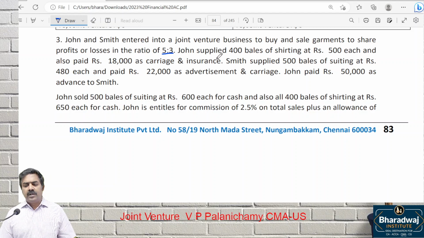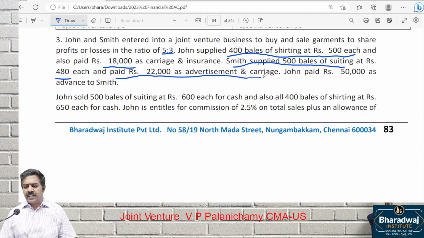John supplied 400 bales of shirting at 500 each and also paid 18,000 as carriage and insurance. Smith supplied 500 bales of shirting at 480 each and paid 22,000 as advertisement and carriage. John paid some 50,000 rupees as advance to Smith. This is about expense details.